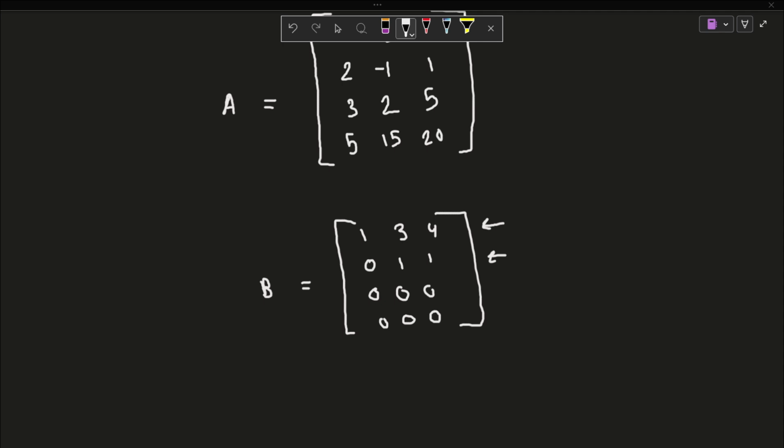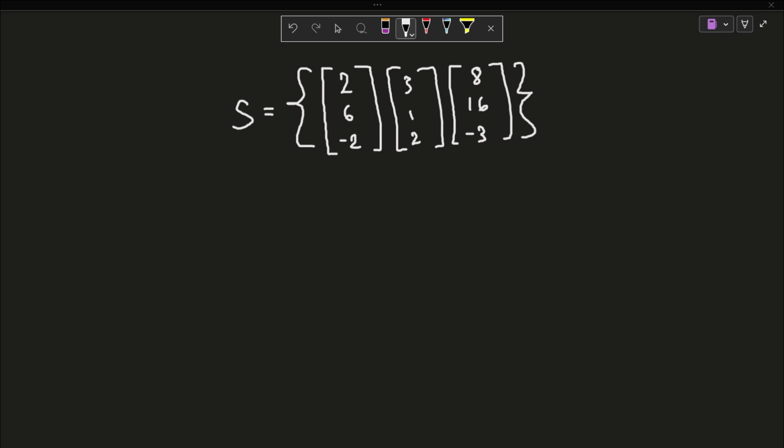Okay? And so one application of this is going to be more so for finding basis. So if you're given 3 vectors and you need to find the basis for the span of whatever those 3 vectors are, I'll give you an example really quickly. So let's say we need to find the basis for the span of S here.